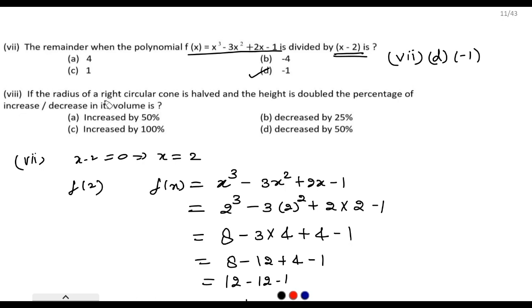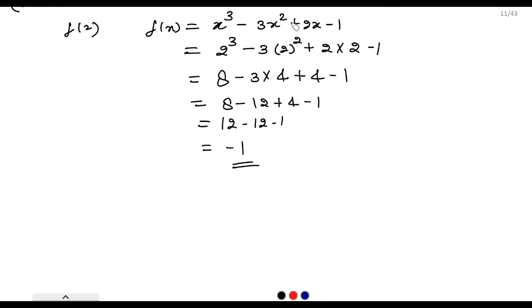Next, if the radius of a right circular cone is halved and the height is doubled, then the percentage of increase or decrease in its volume is. Suppose original radius is r and height is h of the cone. Radius is halved, it means radius is r by 2 and height is doubled, it will be 2h.